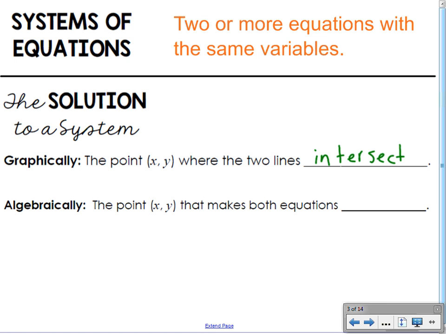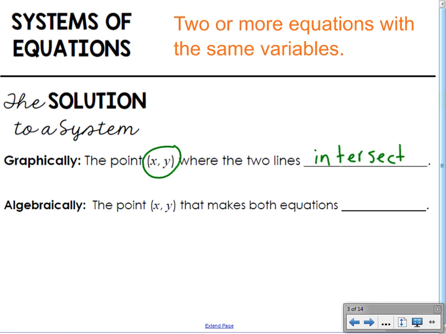Or think about it graphically as, when do these two lines share a point? When are these two lines equal? Where do they intersect? So it's going to be located at an ordered pair that will have an x and a y value. So since our equations will have x and y as variables, our solution should be an x and a y value, and we'll express that as an ordered pair.